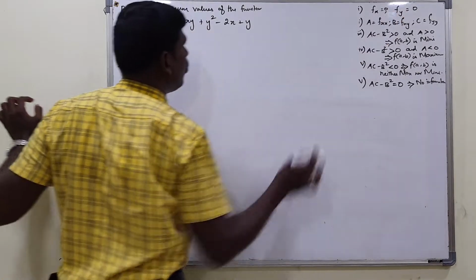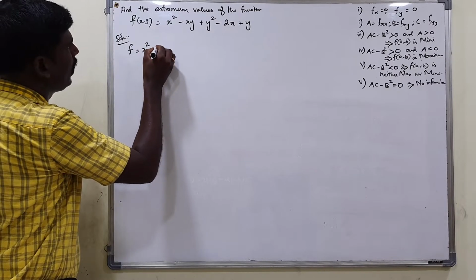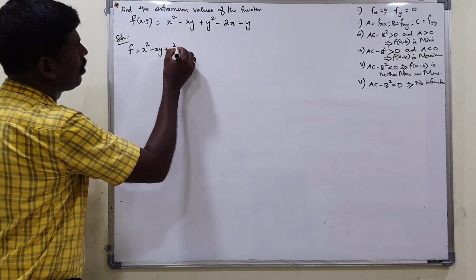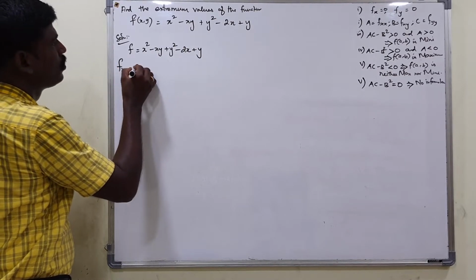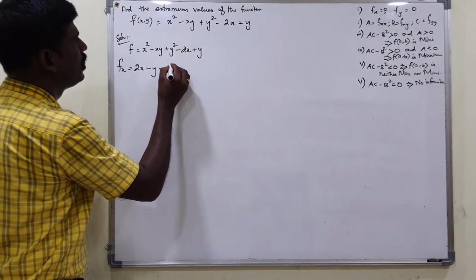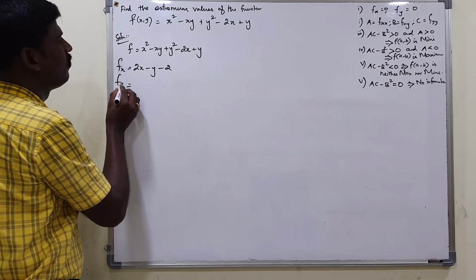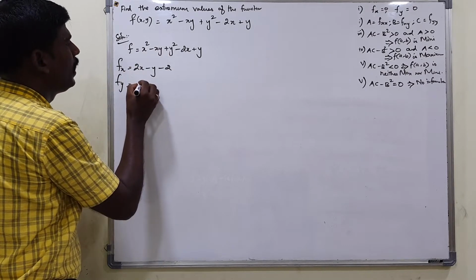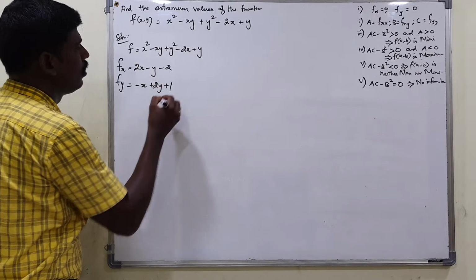First of all, I am going to find fx and fy equal to 0. So f is x square minus xy plus y square minus 2x plus y, isn't it? So fx is 2x minus y minus 2. fy, taking the partial derivative with respect to y, is 0 minus x plus 2y plus 1.